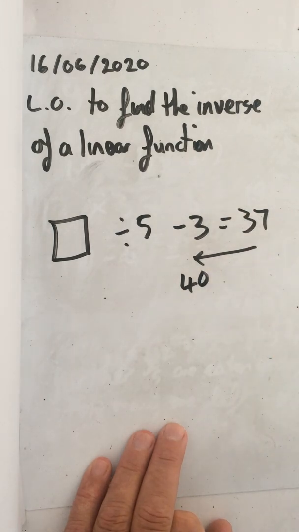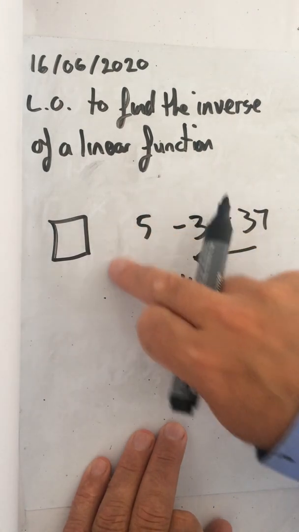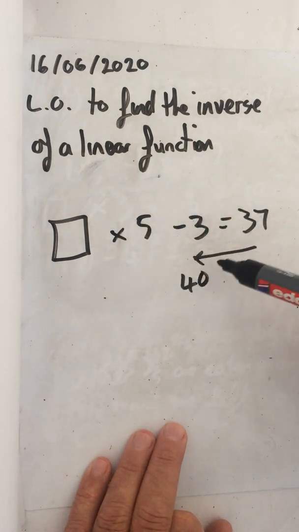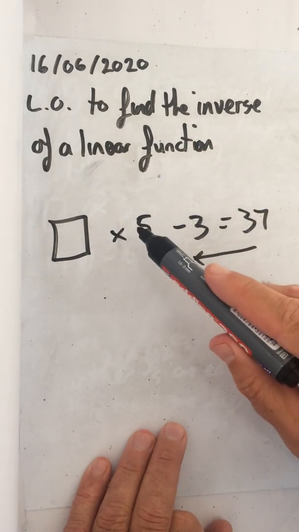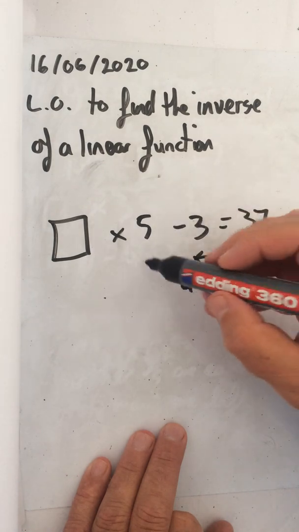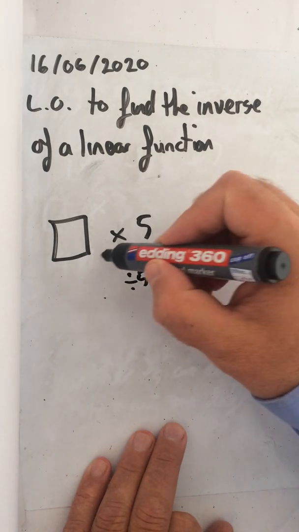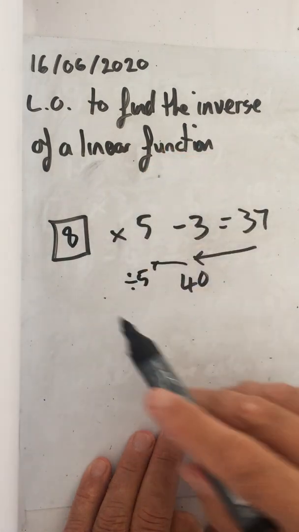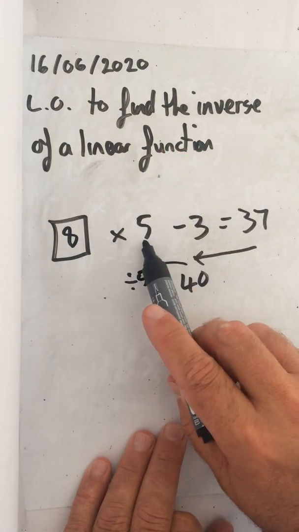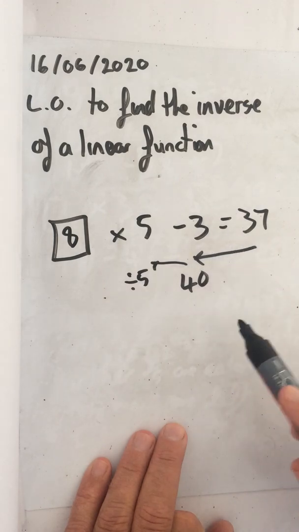In fact, this is meant to be a times, isn't it? And instead of timesing by 5, I'm going to divide 40 by 5. 40 divided by 5 gives me 8. Let me just check. 8 times 5 is 40. Take away 3, 37, yes.